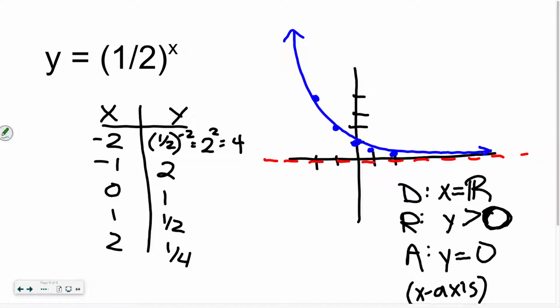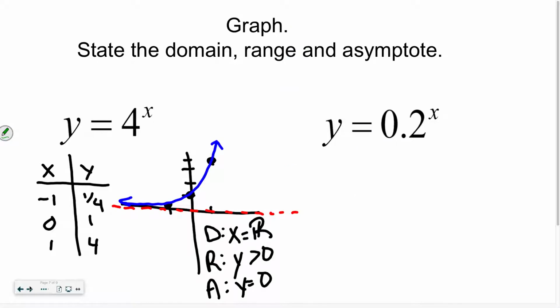If you were checking the slope between 2 points, the slopes are getting smaller and smaller until you don't even notice the slope changes. It looks horizontal. And if you have something that's exponential growth, what's happening to your slopes? They're getting bigger and bigger. So that's really the difference between exponential growth and exponential decay.